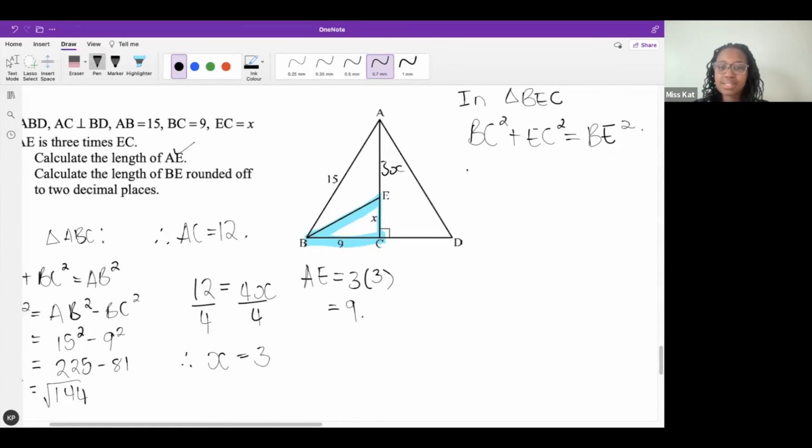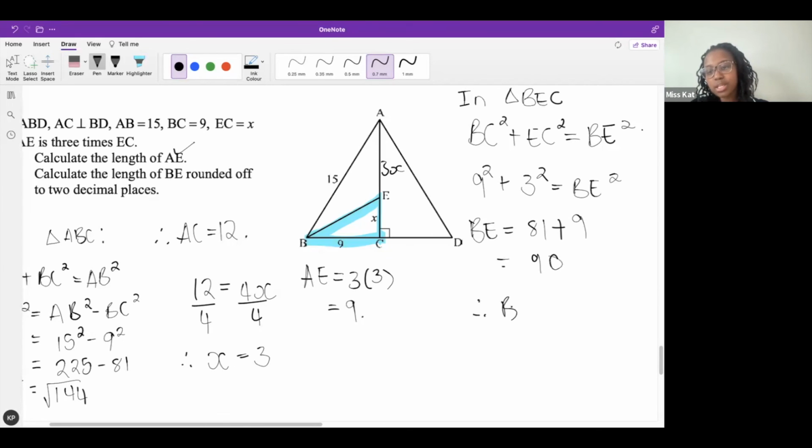BC is 9, so 9 squared plus 3 squared equals 81 plus 9, which is 90. Therefore, BE is the square root of 90. Do we understand, guys? Thumbs up, thumbs down. Did I lose anyone along the way? We literally use Pythagoras twice.